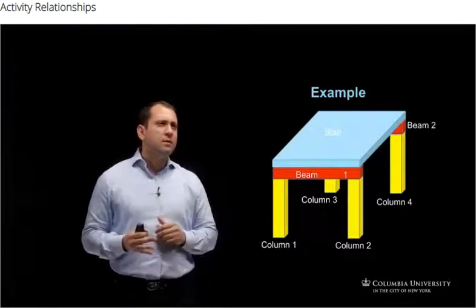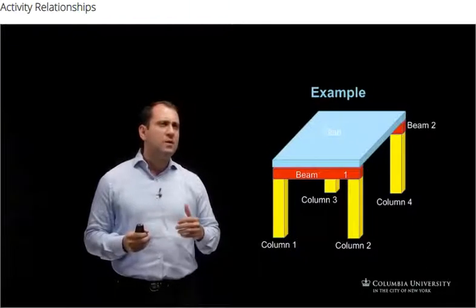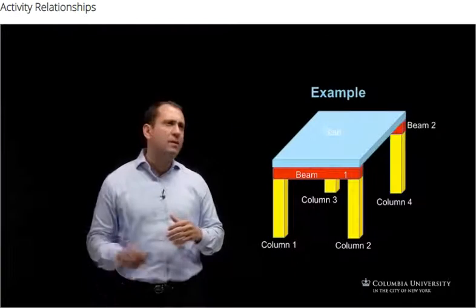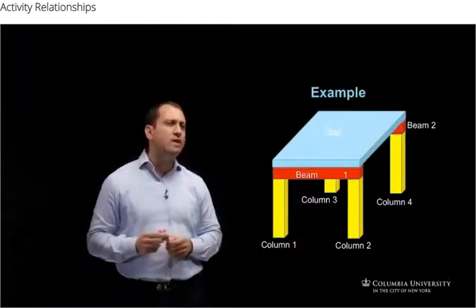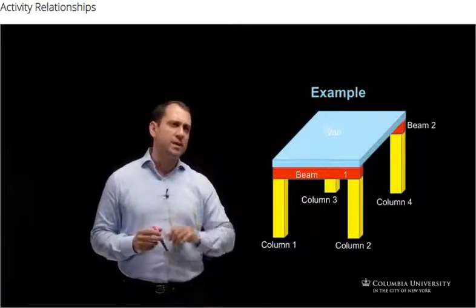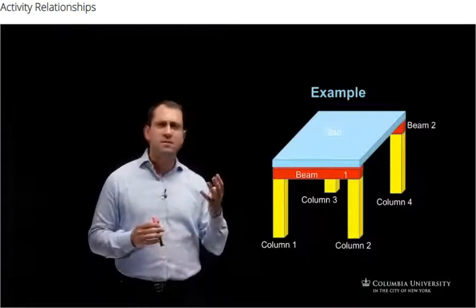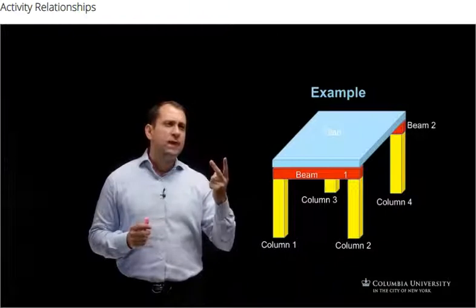So we have here a structure, and I will go through step by step how I want to build a network diagram to show the relationships between the components we have in this very simple example. From what I see here, we have 4 columns in this structure, and there are 2 beams.